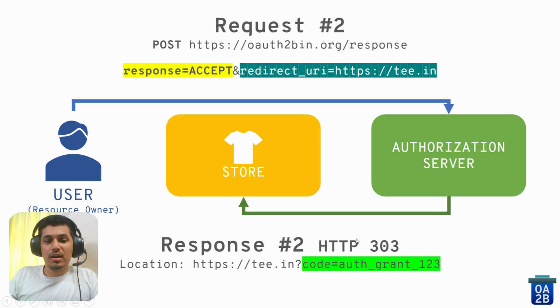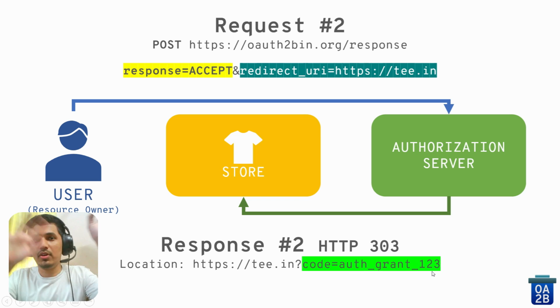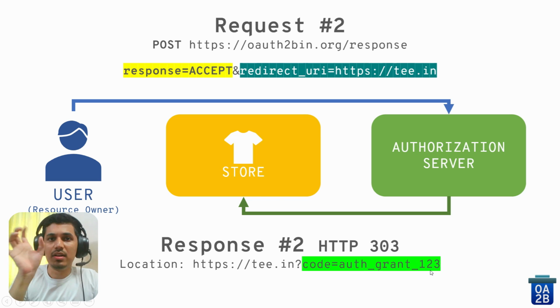So when the browser sees this 303 response, it's going to look at this location header, which is set by the server while generating the response, and in the location header you'll see this URL. In that URL you'll have code equals auth grant, whatever the authorization grant is. It will be embedded in the URL itself.